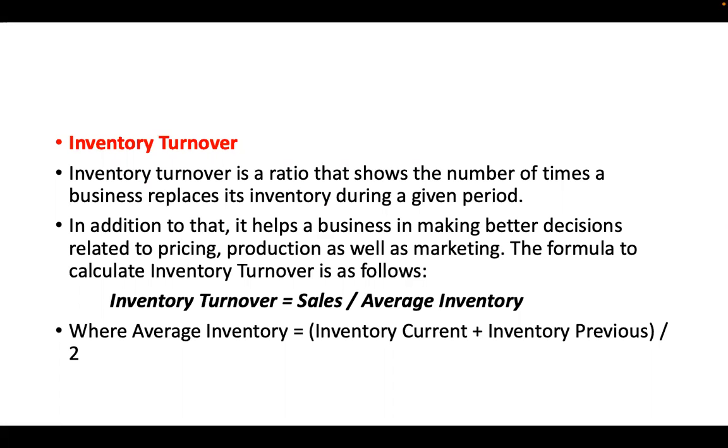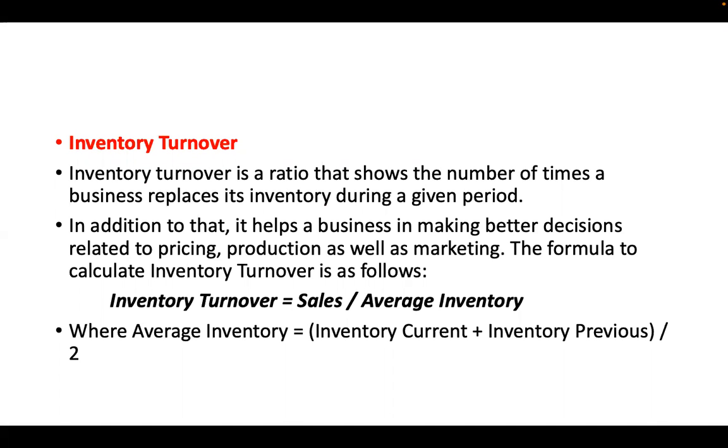So inventory turnover definitely helps us plan our production as well as marketing. If our products are not moving quickly into the market, we can plan certain marketing strategies based on the inventory turnover ratio, based on the time the inventory is taking to actually go to the buyer of the product.